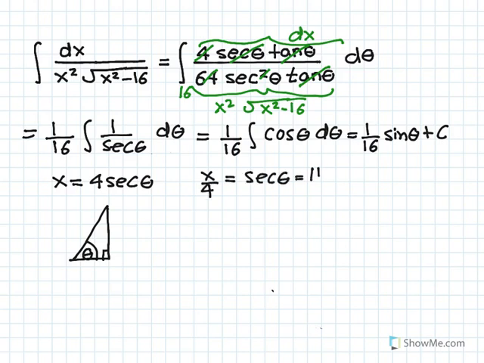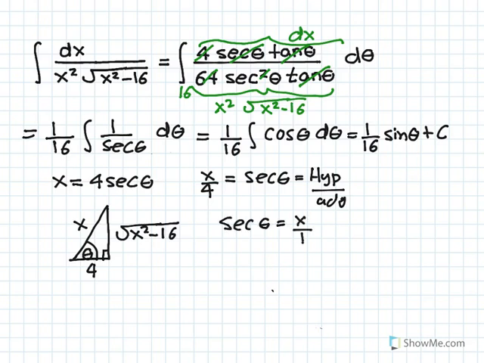That means the hypotenuse is x and the adjacent is 4. If you apply Pythagoras, we can solve for the missing side, and that will be root of hypotenuse squared minus adjacent squared, which is root of x squared minus 4 squared, that's 16. So we know that secant theta is x over 4.